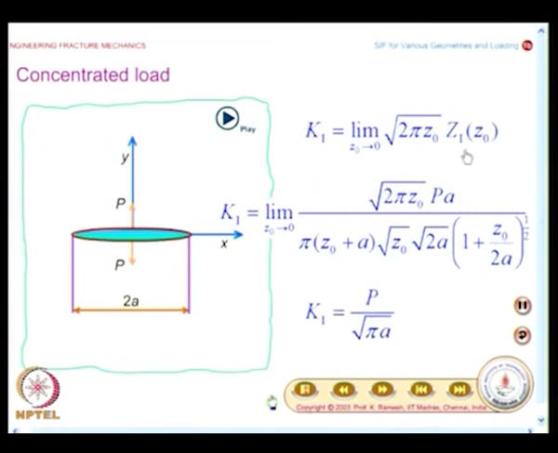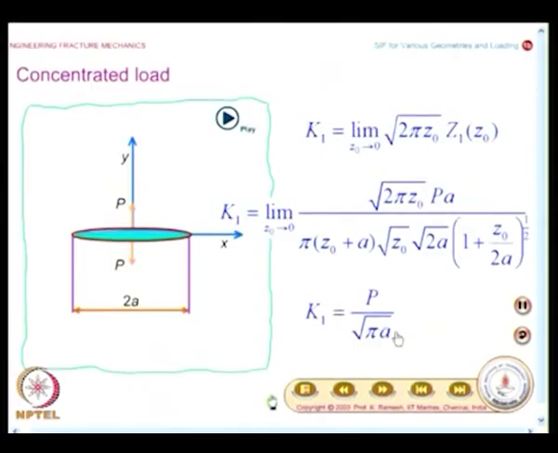And what is the advantage? If I have an analytical approach, I am able to get an expression for the value of stress intensity factor. So, without doing much computation, by looking at that expression we could comment on what the expression tells you.